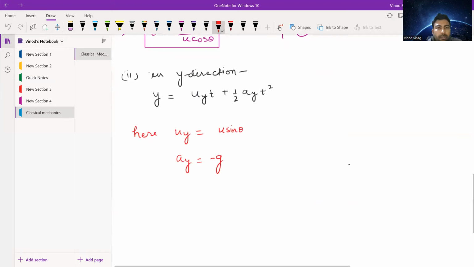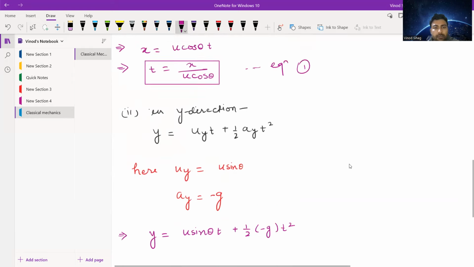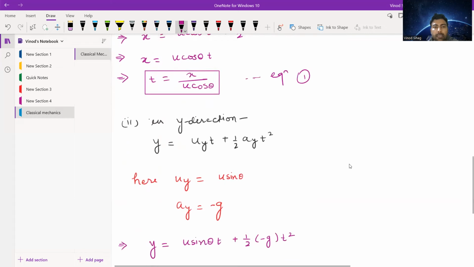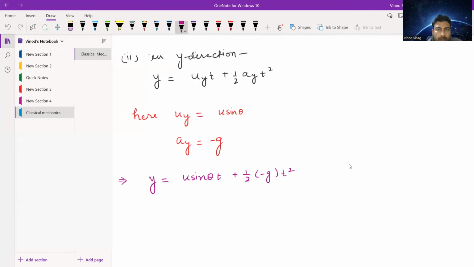Okay, now we'll put this in the equation. So what will we get? y equals u sine theta into t plus half, in place of ay, I have to write minus g, into t square. Okay, so this is the equation. Now from equation number 1, we will substitute the expression for time t. So what is our equation number 1? t equals x upon u cos theta. So I'm going to substitute that in this equation.